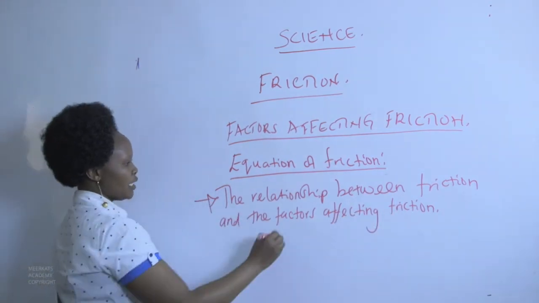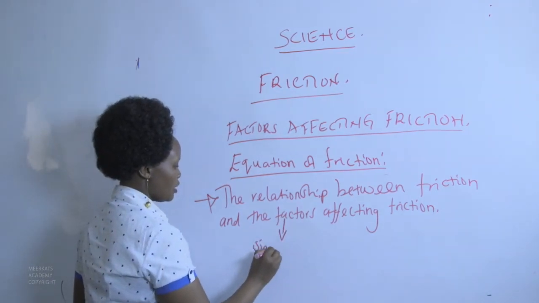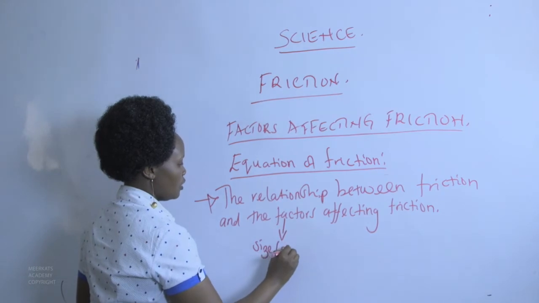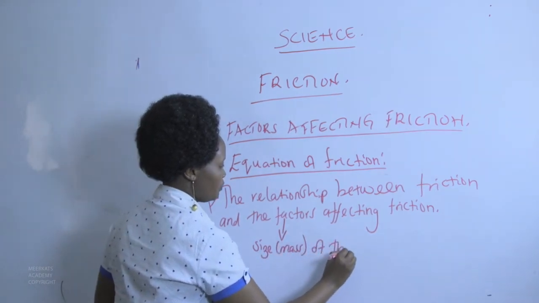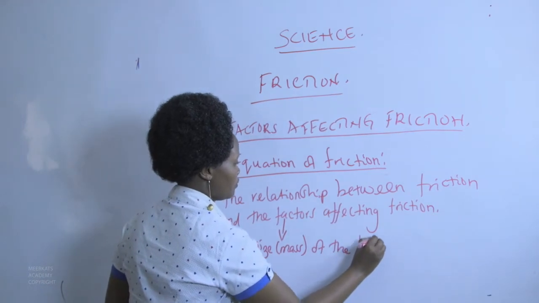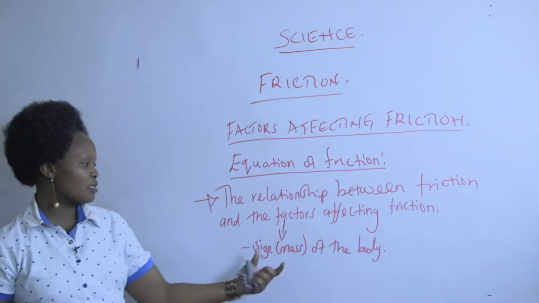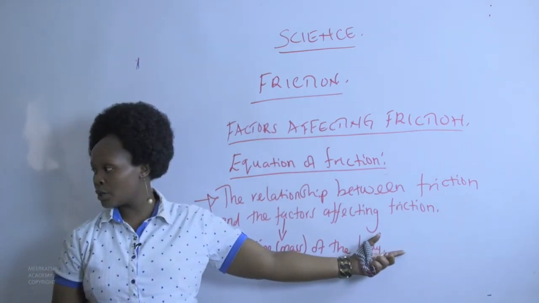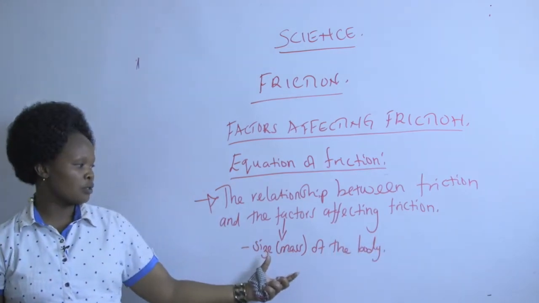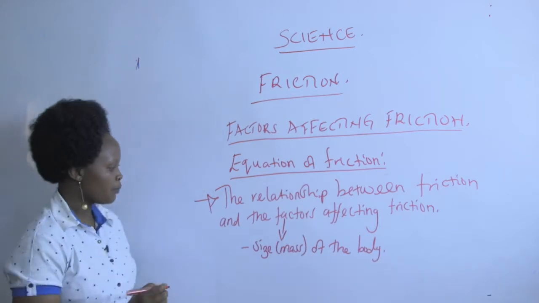We have looked at these two factors, which is the size or the mass of the body, and we have said that the mass of the body is directly proportional to the friction that is going to be exerted on the surface.